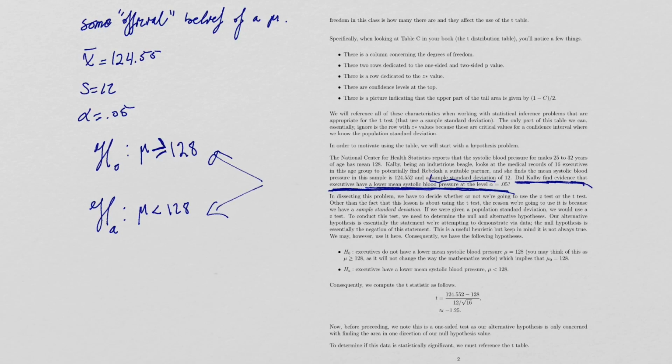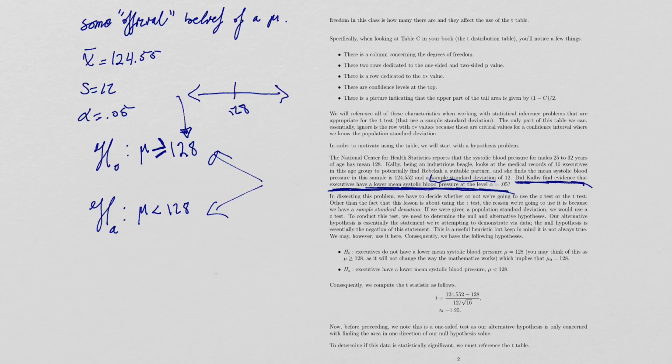Okay. You could be nitpicky and say that it's equal to 128, but our alternative hypothesis is being guided by this less than 128. But for convenience, as it won't actually change the mathematics, you want to think about this kind of crux value right here. If we draw a number line, we have this 128.